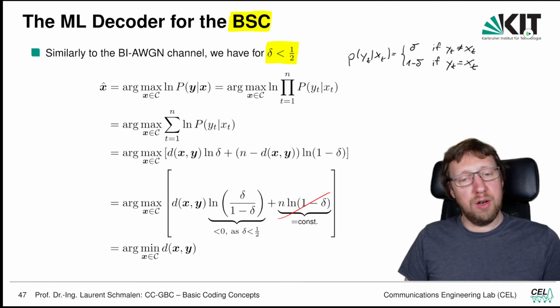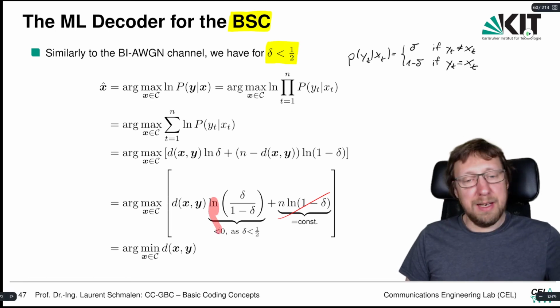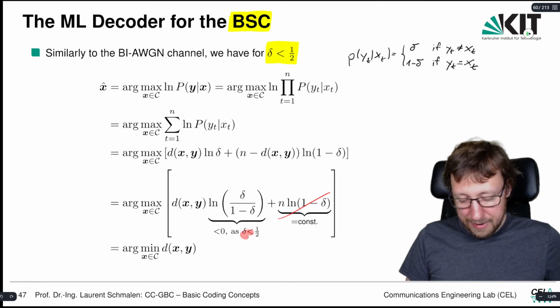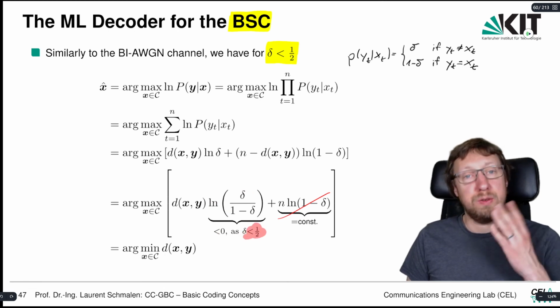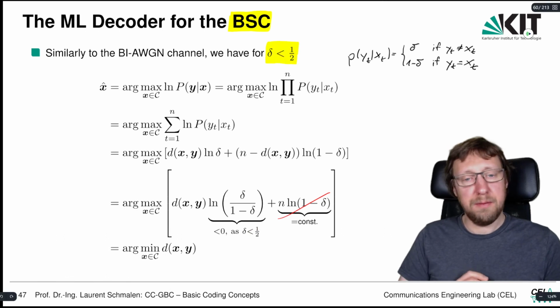If we apply the logarithm to something that is smaller than 1, we end up with something that is negative. So this is negative if delta is smaller than 1/2, which we have assumed in the initial statement.